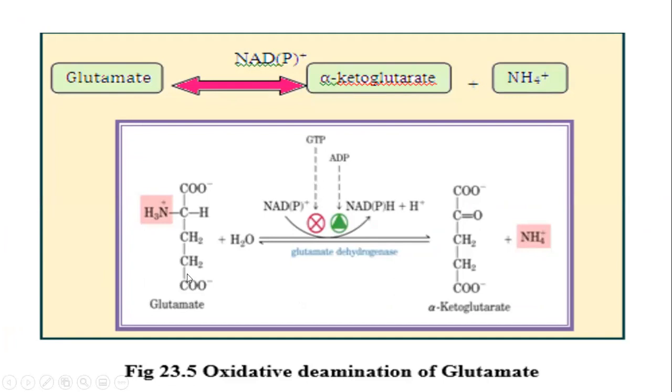Here, glutamate in the presence of the glutamate dehydrogenase enzyme and ADP and NADP+, which is ultimately converted into NADPH plus H+, is converted into alpha ketoglutarate, and the amino group is separated from glutamate.